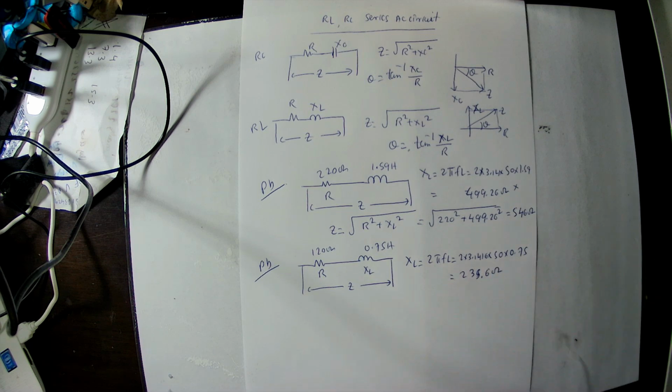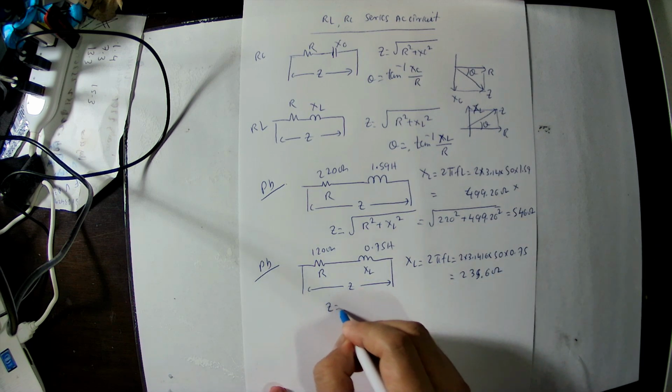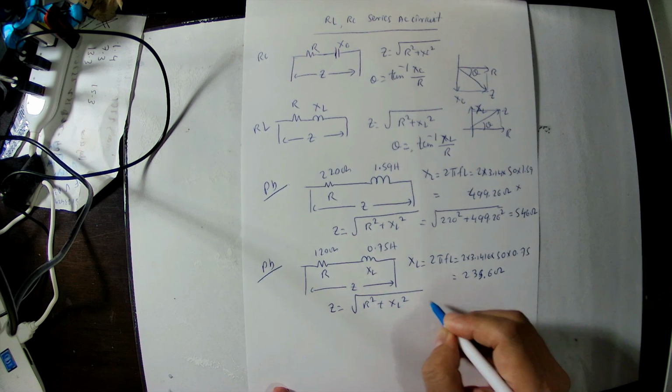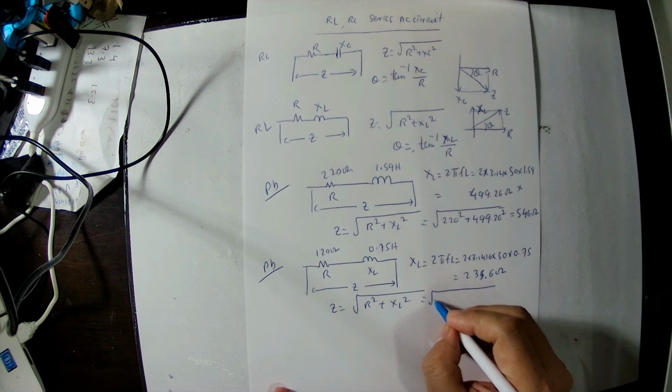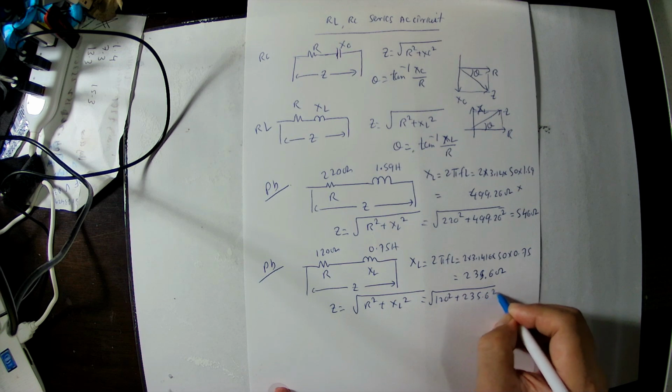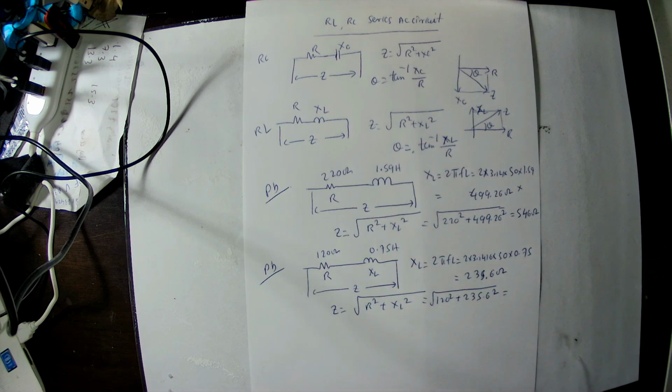So this is XL. Then impedance Z can be calculated square root of R squared plus XL squared. So square root of resistance is 120 square plus XL is 235.6 square. Square root, you got 264.40.